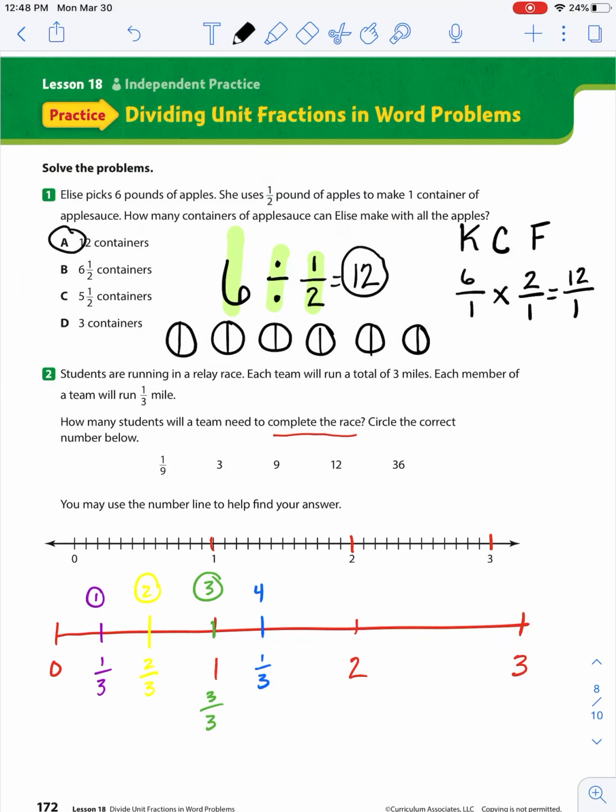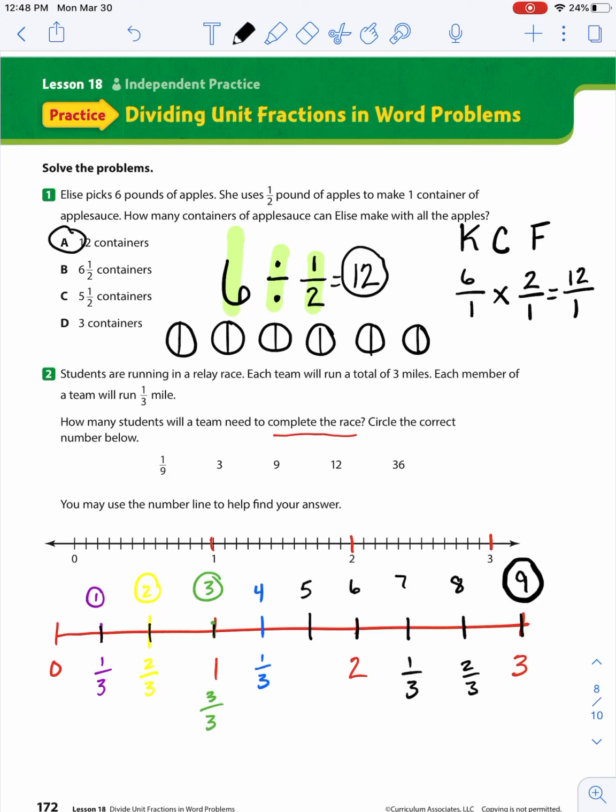Can you see what I'm doing here? Another person. Another person. Another person. Another person. And another person. So we would need a team of 9 people so that each team member is running 1/3.